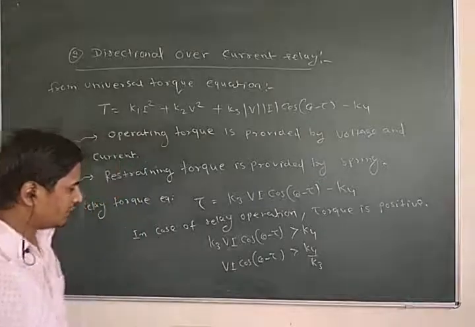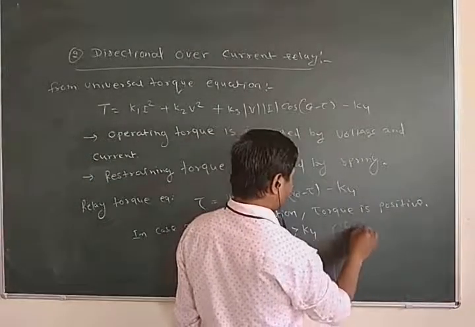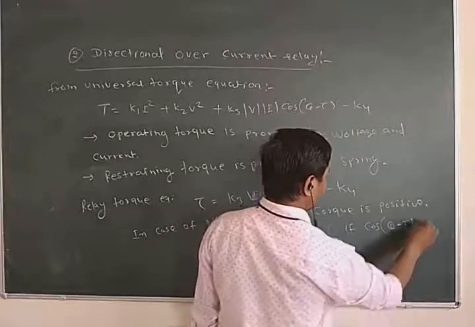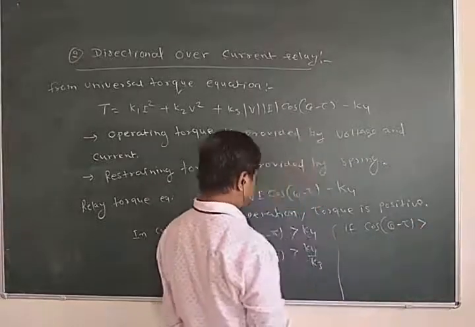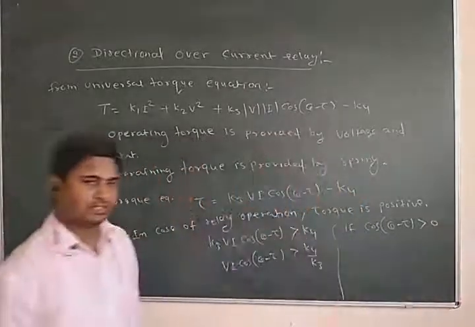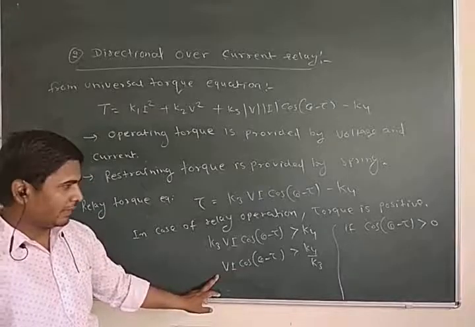So simply we can say that if cos(theta minus tau) is greater than 0, the relay will operate.